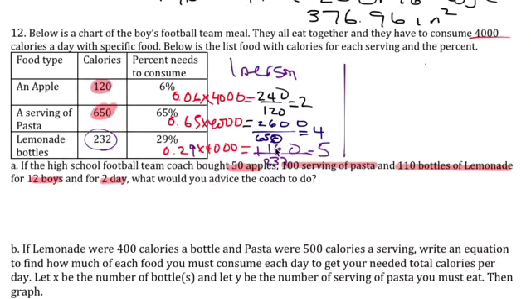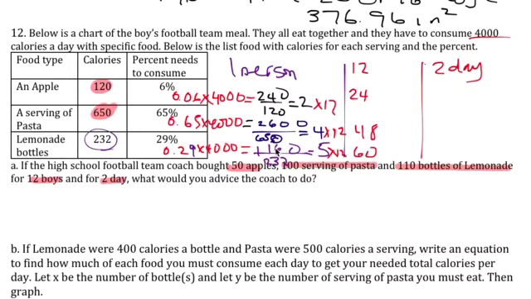Okay, so this is for 12 boys, 2 days. 24 times that by 2 days, 48, 96, 120 bottles. Okay, 50 apples. He needs to return 2 apples because he only needs 48.